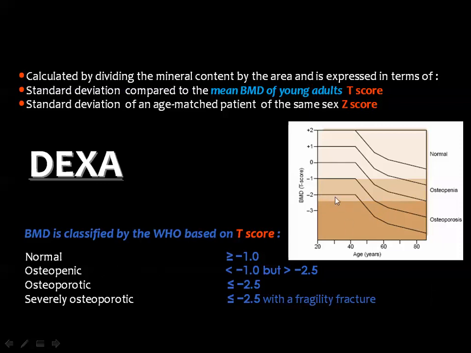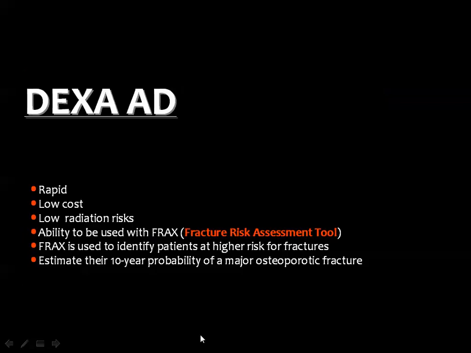If you go below -2.5, then this is osteoporosis. Then the osteoporosis is considered severe if the T-score is below -2.5 with fractures, and at that time there is a greater risk of fractures.